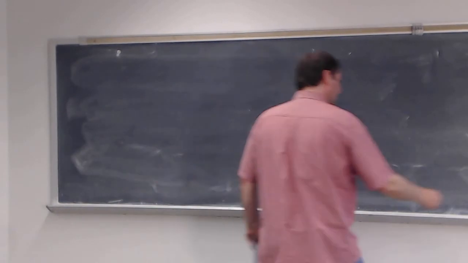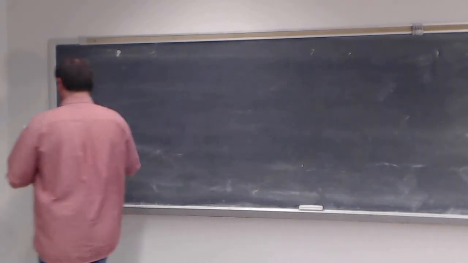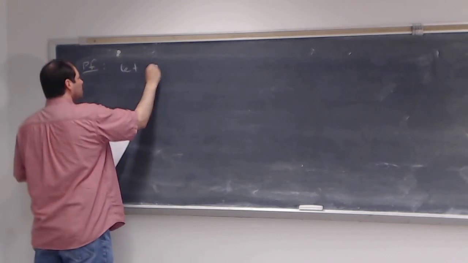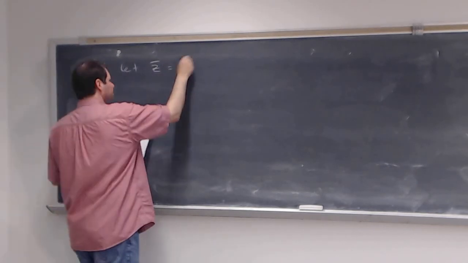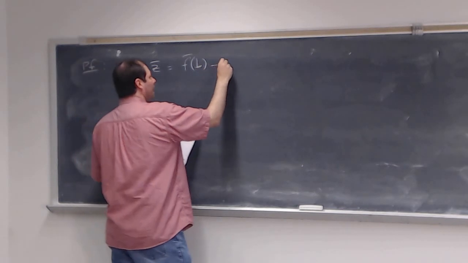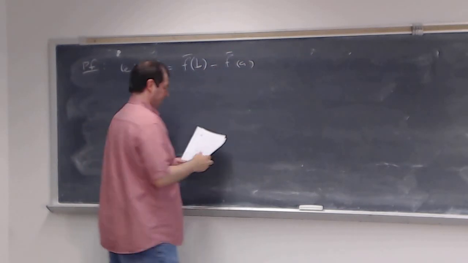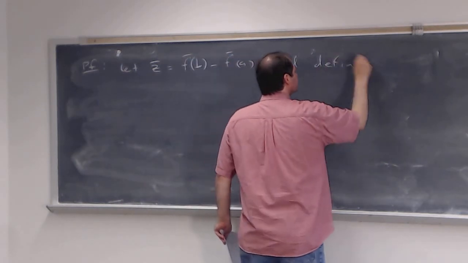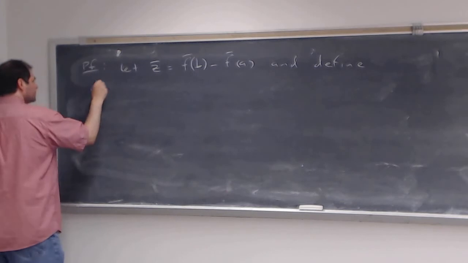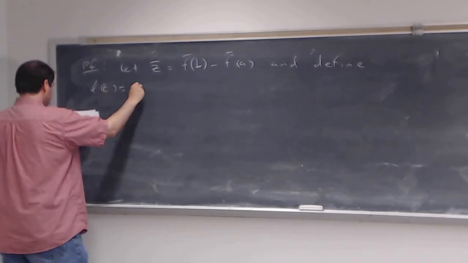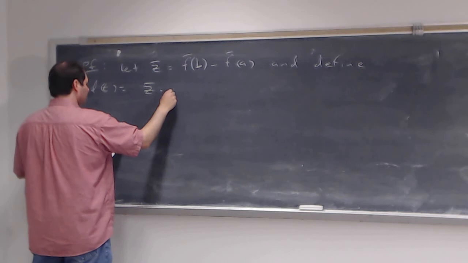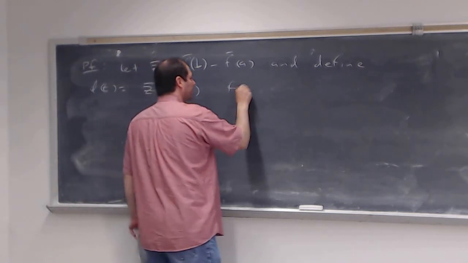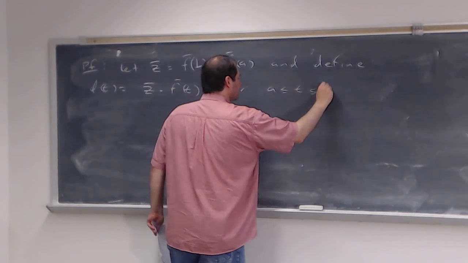Okay, we need to prove the statement. Here's the proof. We start off by letting z be equal to f bar evaluated at b minus f bar evaluated at a. And define this function phi of t to be equal to z bar inner product with f bar of t, and this is defined for all t's in between a and b.